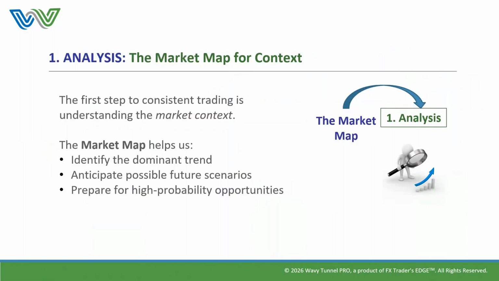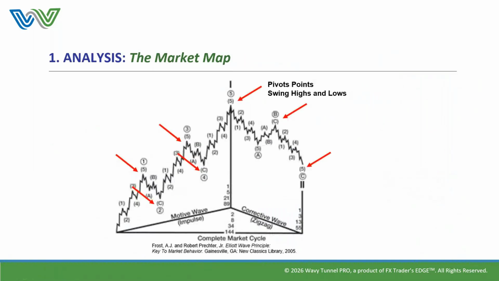Analysis, the first step to consistent trading, is understanding the market context. The market map helps us to identify what trend we are in and anticipate possible future scenarios, and prepare for high probability opportunities, because none of us have crystal balls, but there are opportunities that are more high probability. And this is the complete market cycle: a 5-wave move up followed by a 3-wave correction.